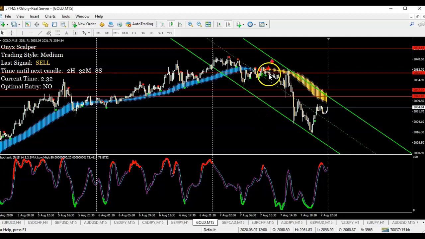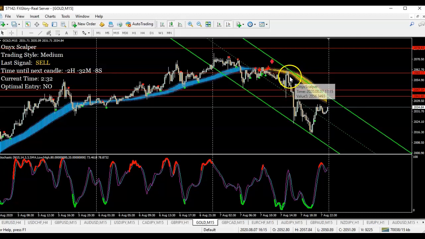Notice that it continued, it bounced back up to the right at the outer jackhammer line. This was a perfect trade, perfect setup, because two indicators essentially are telling you the same thing, that we should be selling at the top of each jackhammer line.